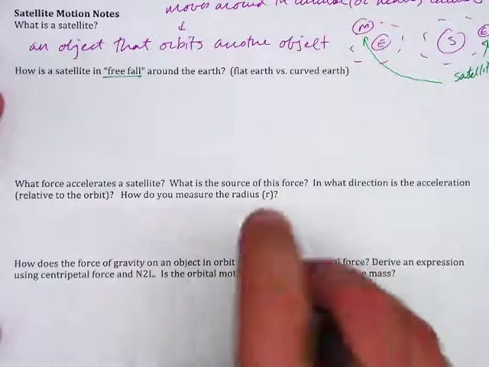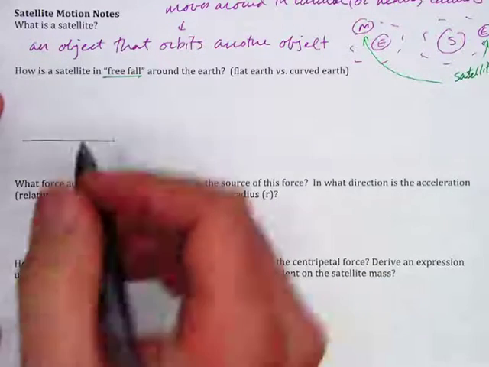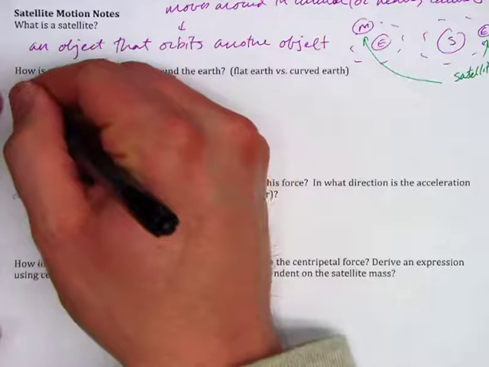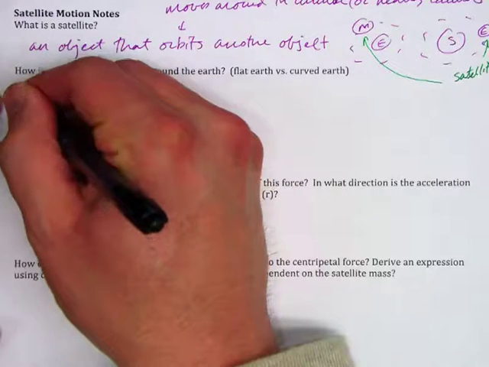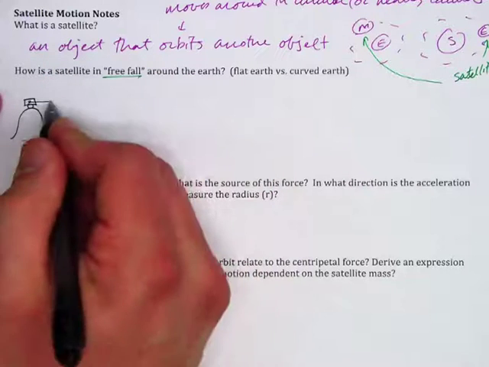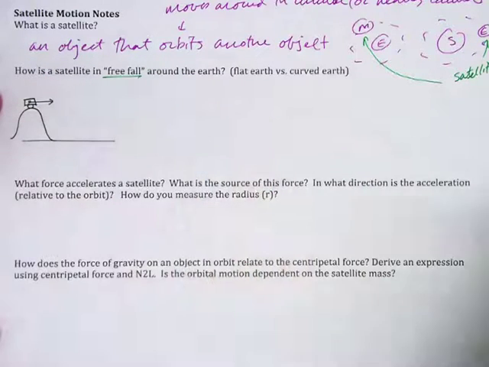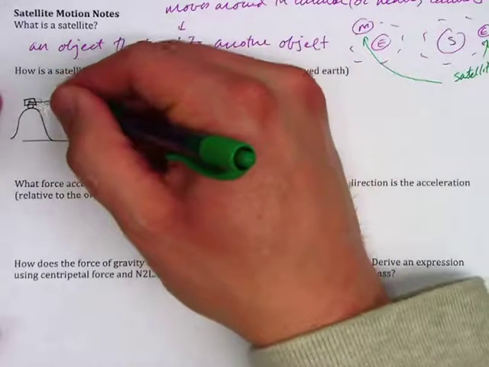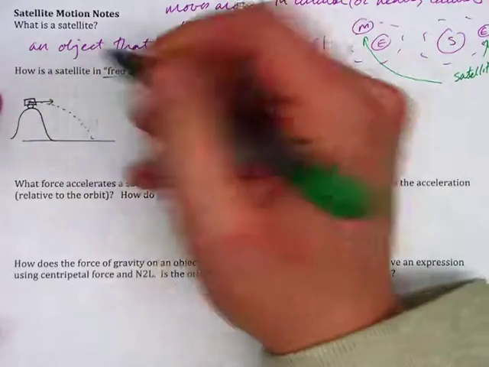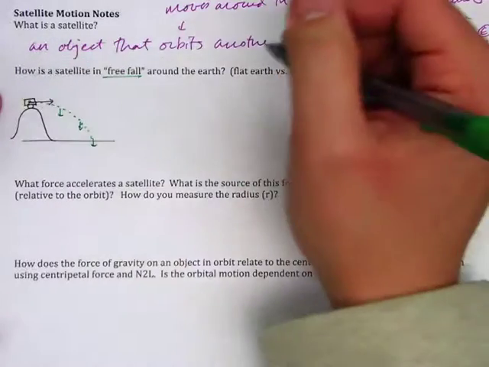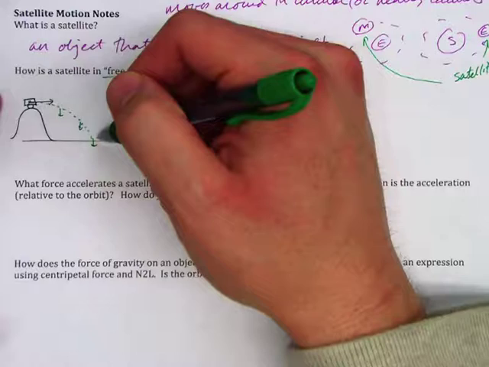So let's picture our understanding of free fall so far. Let's say you were on a mountaintop and you set up a cannon and fired a cannonball with some horizontal velocity. We could use projectiles to model that cannonball as an object accelerating downward due to the force of gravity while it's in the air, and it's going to land some distance away.